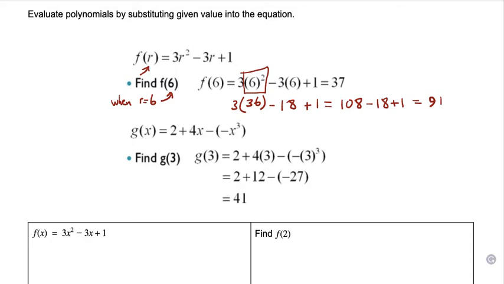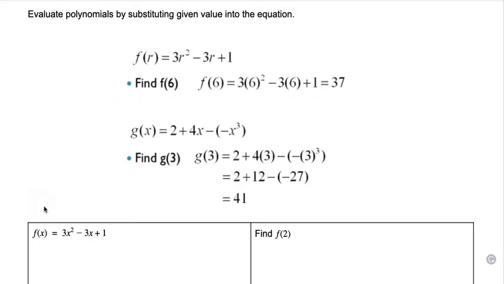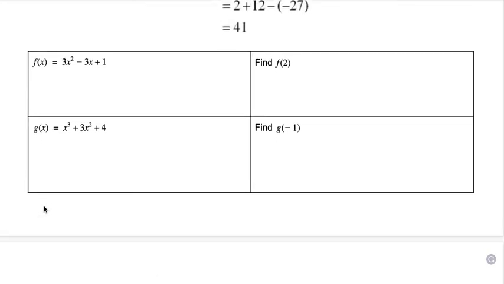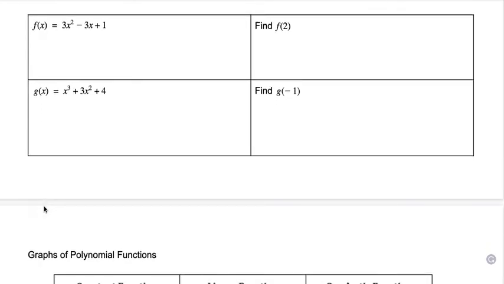Applying this to a few examples now where we're not guided with it. So all we're going to do here is we're going to plug in 2 every time we see x.